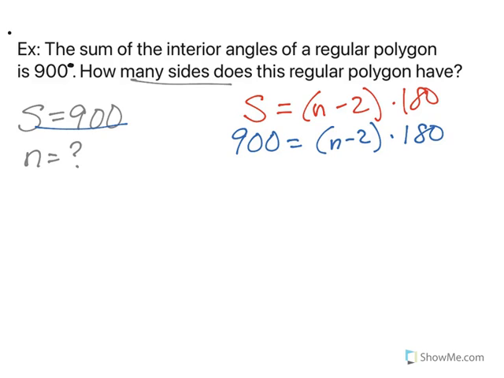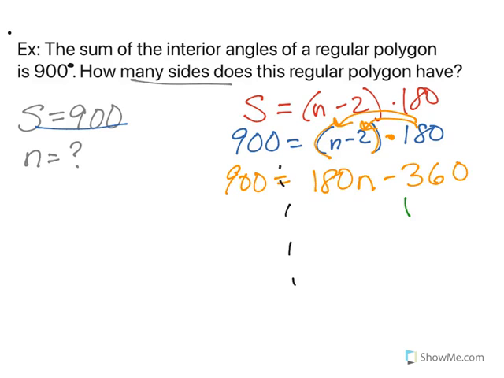Same basic idea. But here you can solve the equation by distributing the 180, because it is 180 times the entire piece. So this is the same as 900 equals 180n minus 360. If we have a number touching a parentheses, that number is being multiplied by each piece inside. Now I can solve the equation.